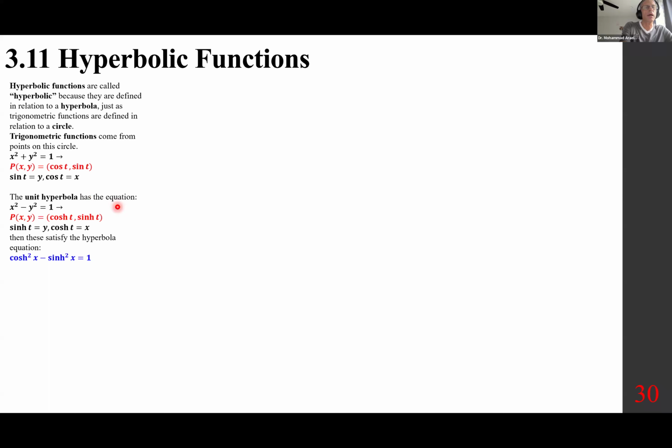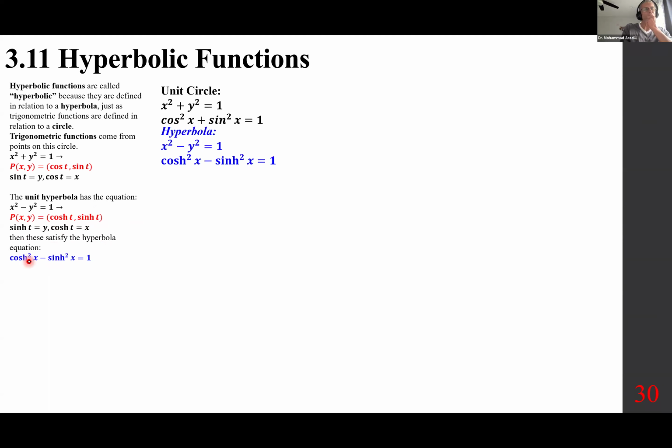The unit hyperbola has the equation x squared minus y squared equals 1. P has coordinates x, y, or hyperbolic cosine t, hyperbolic sine t. Sinh t equals y, cosh t equals x, and this satisfies the hyperbola equation cosh squared minus sinh squared equals 1.